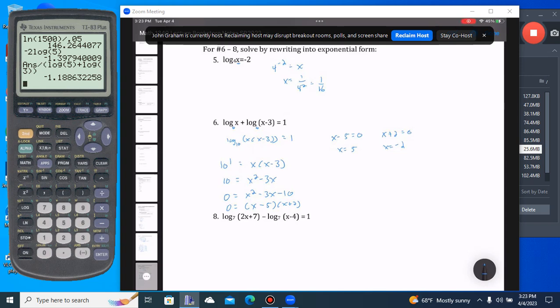The 5 isn't a problem. Log 5 plus log 2 isn't going to be a problem there. Both are positive numbers in those logs. The negative 2, though, is going to give you a log of negative 2 here and a log of negative 5, where you can't have a negative with a log. So x equals negative 2 is not a solution.